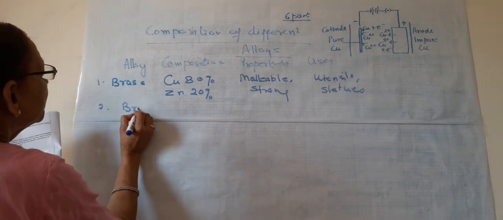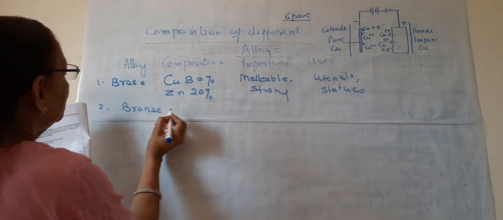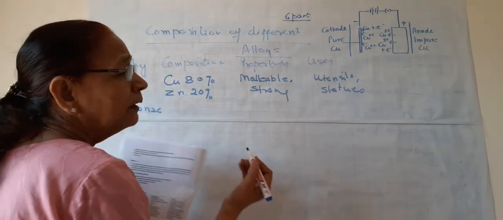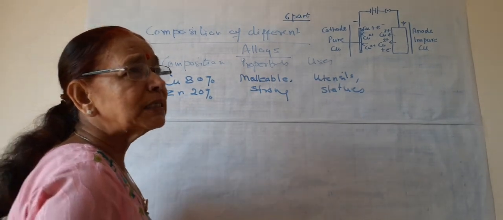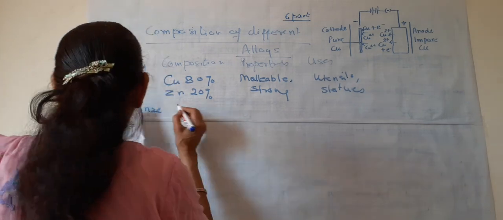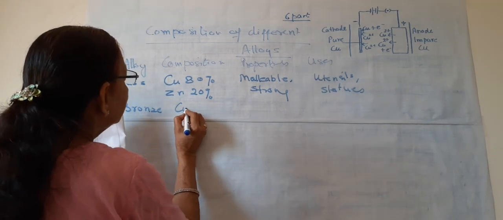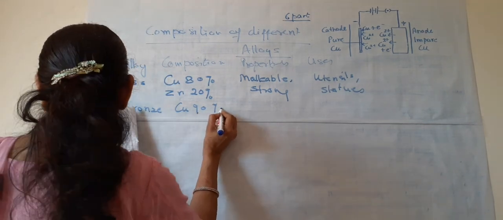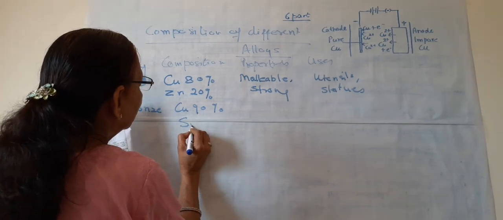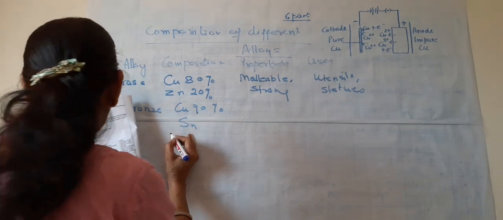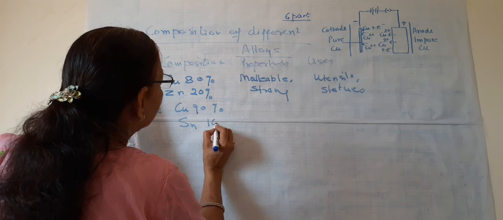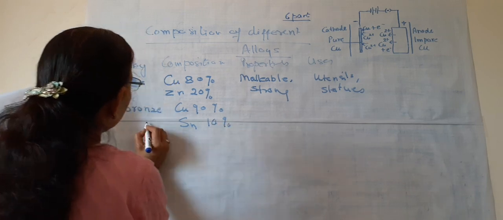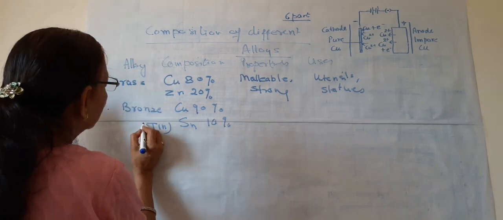Second is bronze. I don't know what we call bronze in Hindi. So copper is 90% and tin. This is the symbol for tin, Sn, it is 10%. You can write in bracket tin.